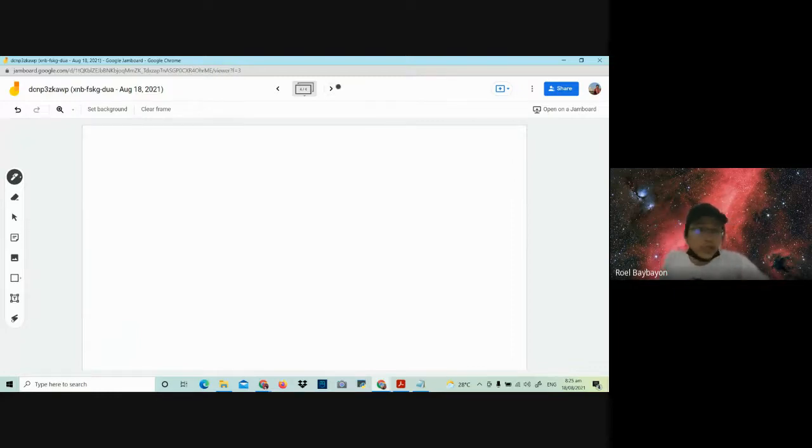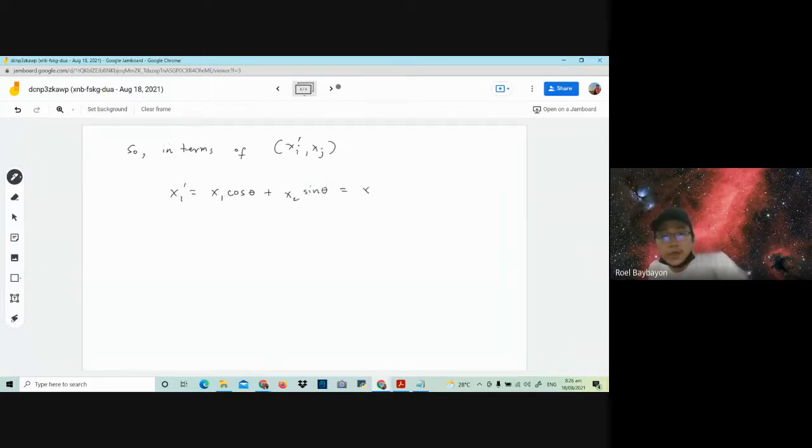In terms of xi prime, xj, x1 prime, which was x1 cosine theta plus x2 sine theta, becomes x1 cosine of, what is theta? This is x1 prime, x1. Right? Okay.